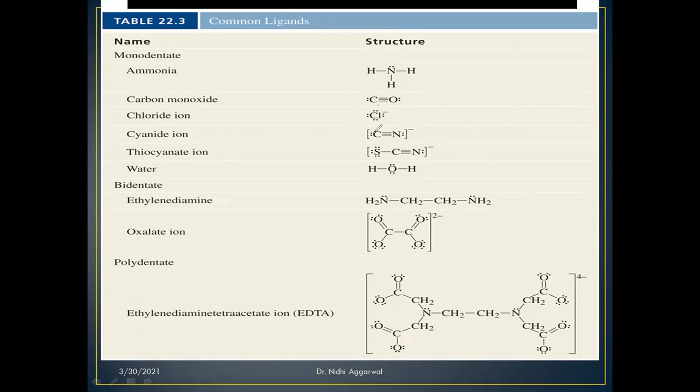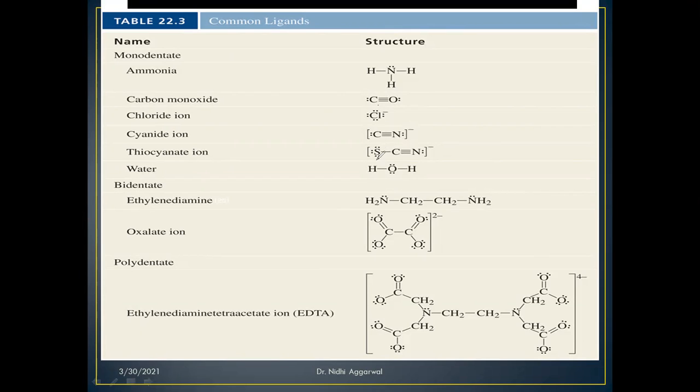Here you can see lone pairs lying both on carbon as well as nitrogen, but at a time only either carbon or nitrogen will combine with the metal, so it will act only as a monodentate ligand and not as a bidentate ligand.